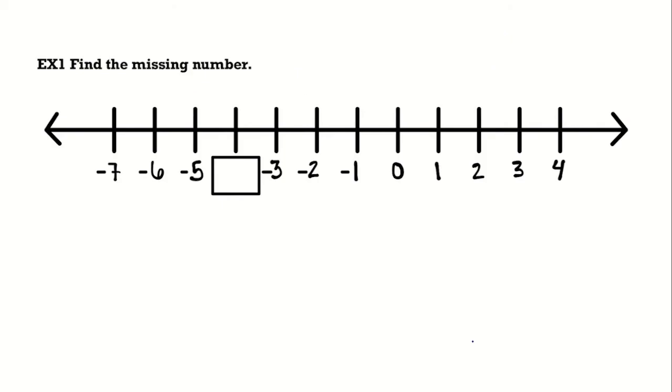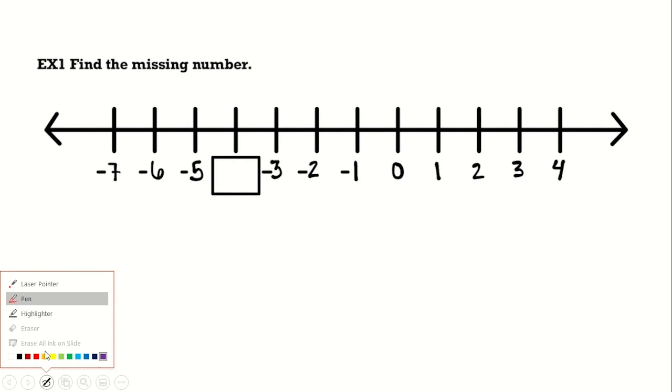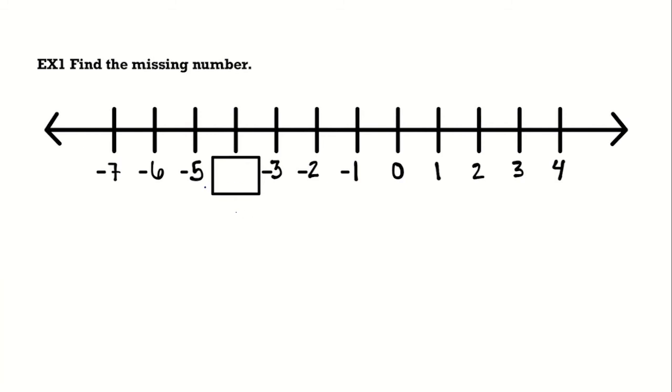Now, let's try to find the missing number in this number line. So, as you can see, there's a missing number here between -5 and -3. So the first thing to do is always to identify first the scale of the number line.